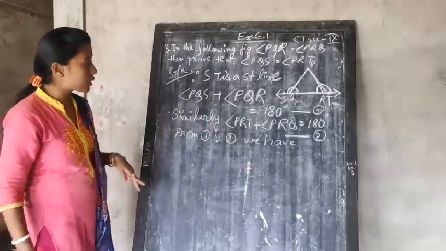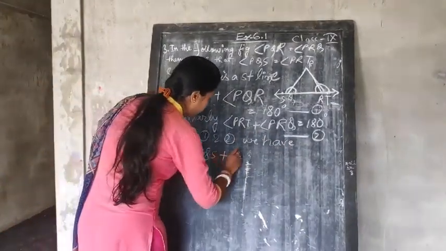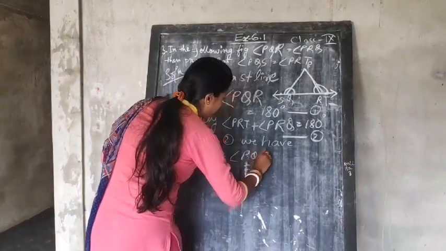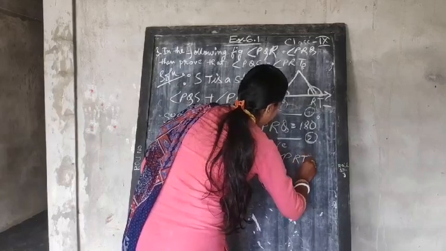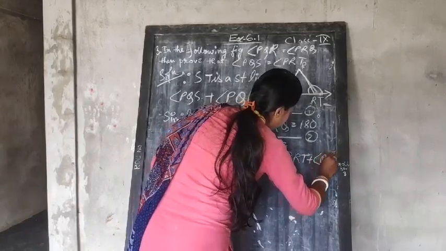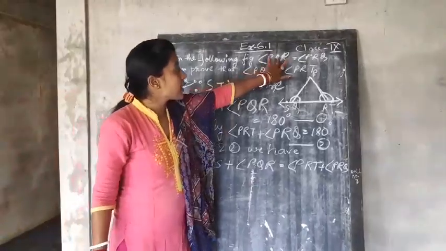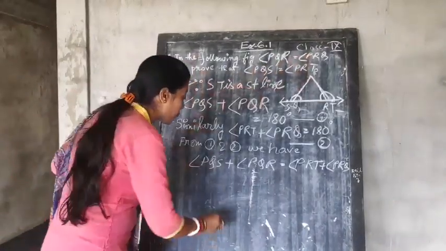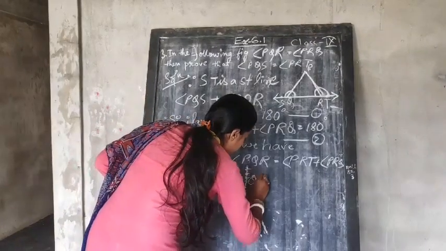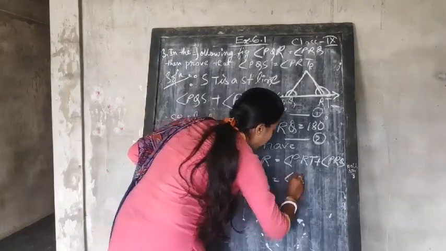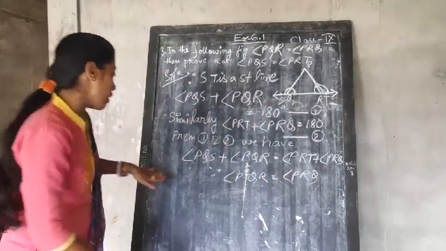Now from 1 and 2, what can we write? Angle PQS plus angle PQR equal to angle PRT plus angle PRQ. It is already given that angle PQR equal to angle PRQ. So since angle PQR equals angle PRQ, from this equation what do we get?